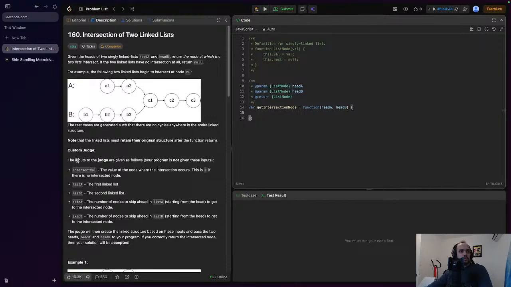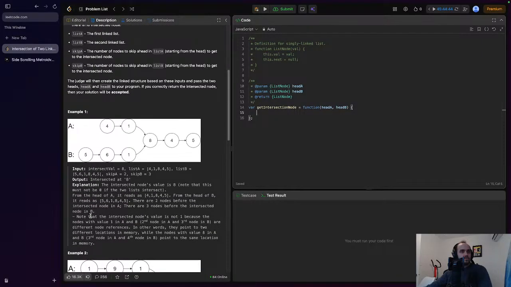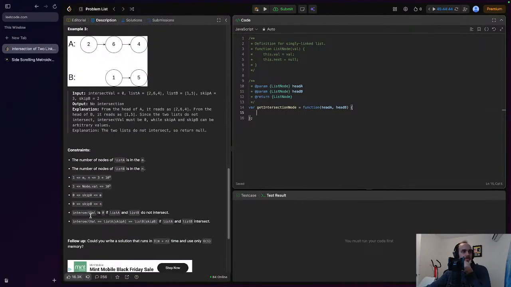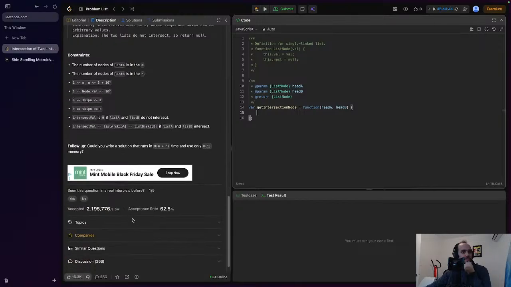The inputs to the judge are given: intersect value, list A, list B, skip A, skip B. Okay. Can you write a solution that runs in O(M plus N) time and uses O(1) memory? Constant memory.